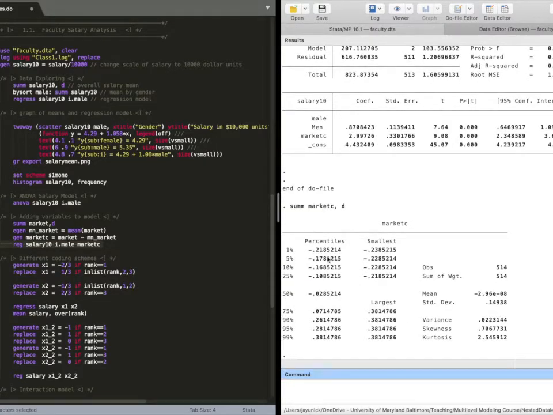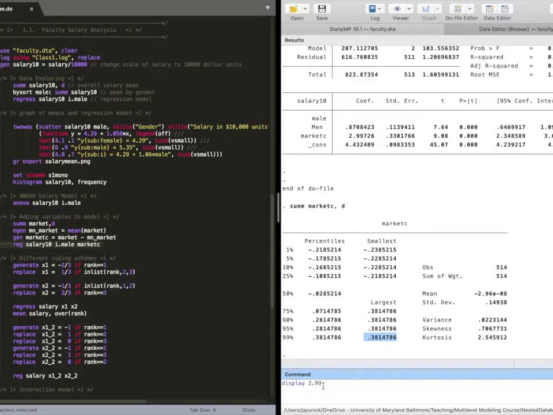The largest difference is from negative 0.21 to 3.8. So there's not even a full point difference here. So if we wanted to understand what's the difference between the average market salary and the highest market salary, we can calculate that.